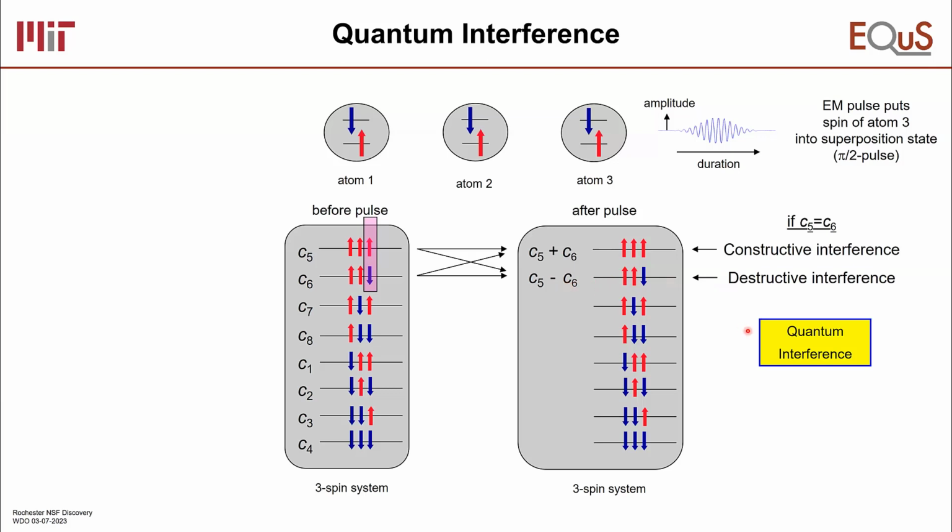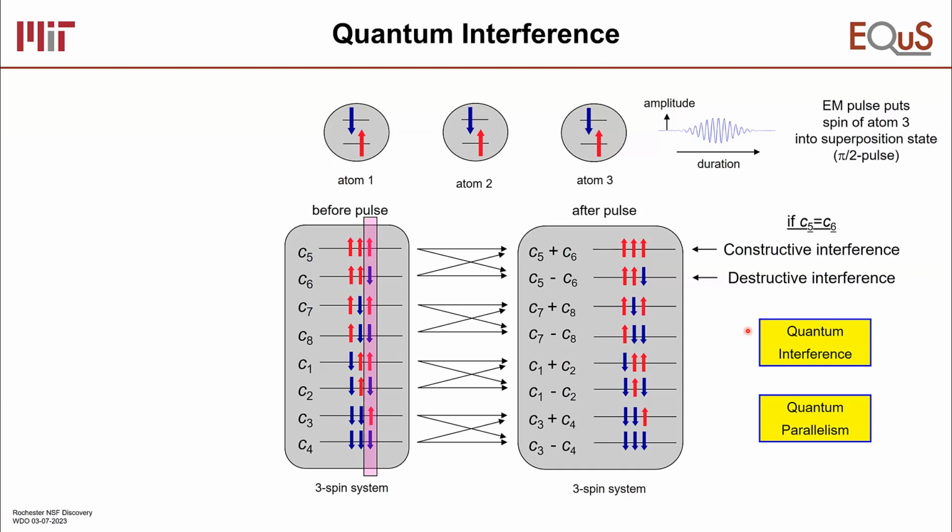This is an example of quantum interference in a digital computational case. Now, we also see that this is an example of quantum parallelism because it happens across the entire quantum state space at the same time. So again, we've applied one pulse to one qubit, but we've impacted all 2 to the n coefficients, both through quantum interference and through quantum parallelism. Okay.